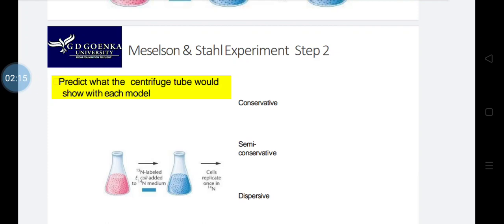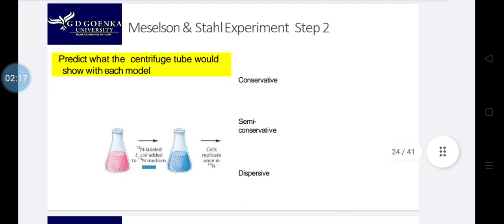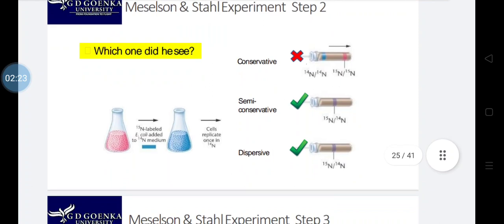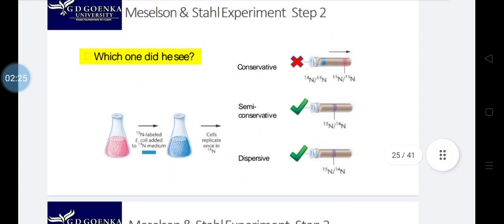You can predict that the centrifuge tube would show each model, like semi-conservative, conservative or dispersive, so we can verify which one he saw. If it is conservative, then there can be two bands of DNA, one of 14N nitrogen and another of 15N nitrogen, like parent and daughter cell DNA being different.